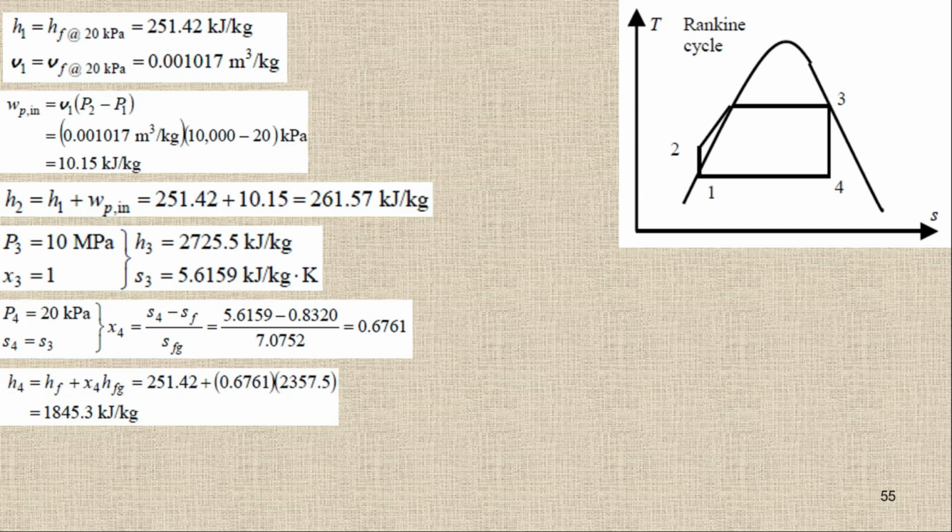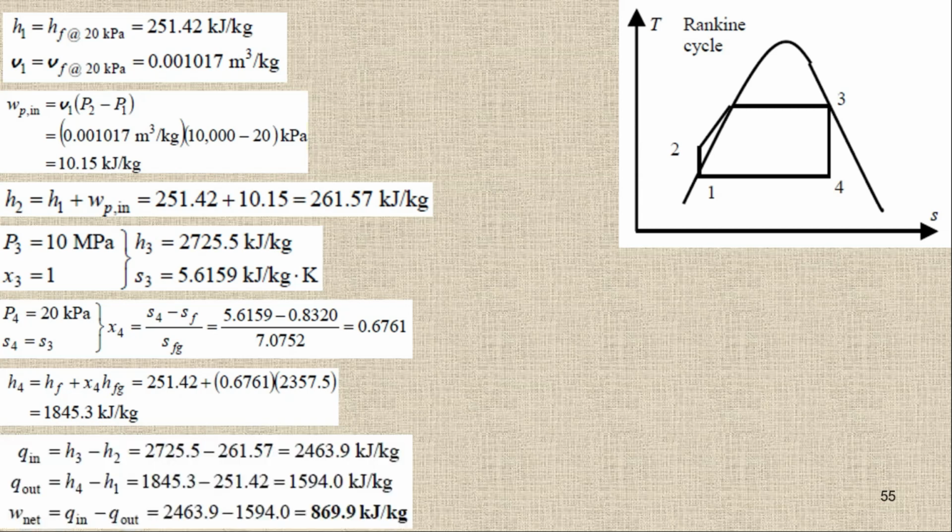So we have H1, H2, H3, and H4. We have to find the enthalpy, as well as we have to find the W net. So W net will be equal to the turbine output minus the pump work input, or we can find the W net by simply equating Q in minus Q out, because in both cases you will get the same answer.